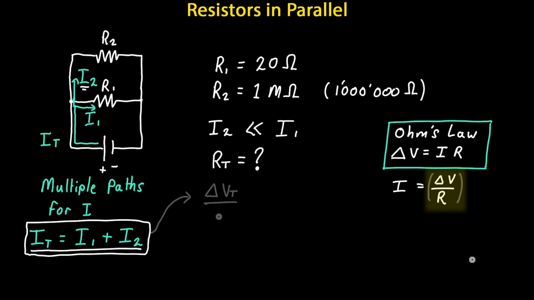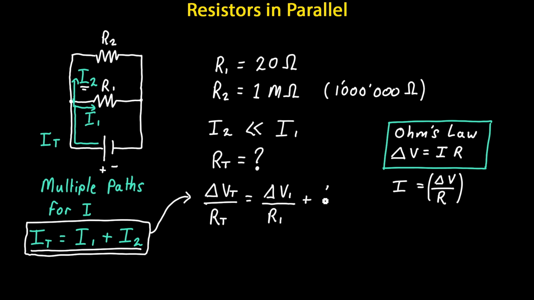So now we have ΔV for the circuit divided by the resistance of the circuit is equal to the voltage drop across the first resistor divided by the resistance of the first resistor plus the voltage drop across the second resistor divided by the resistance of the second resistor.